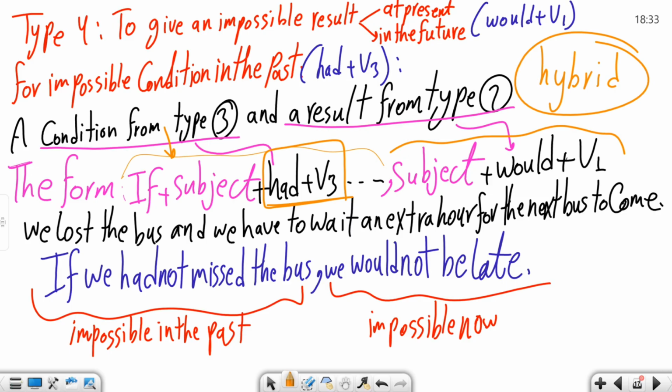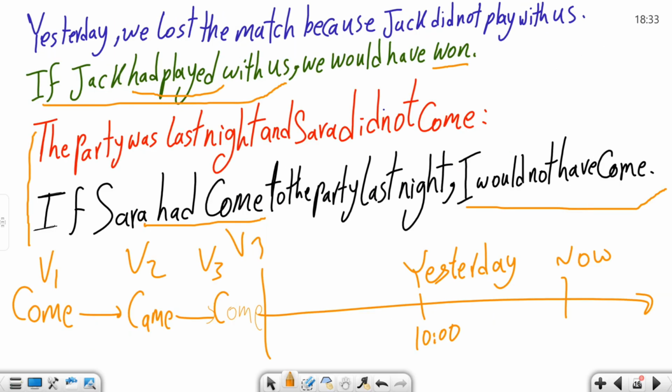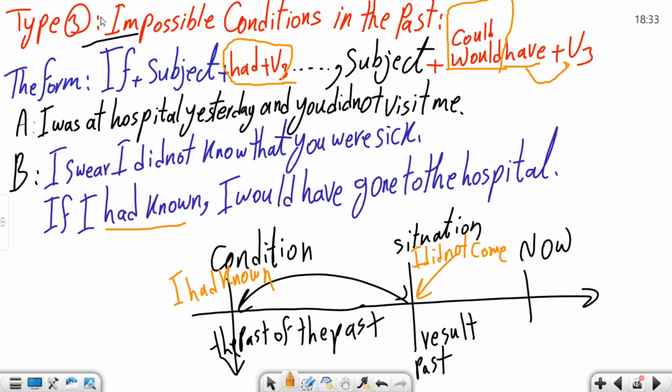Why? Because it represents an impossible condition in the past. So when we have an impossible condition in the past, we use the past of the past, which is had and verb 3. But the result here, my friend, is an impossible result at present and in the future. So it is not like type 3, because type 3, my friends, talks about impossible condition in the past and impossible result in the past.